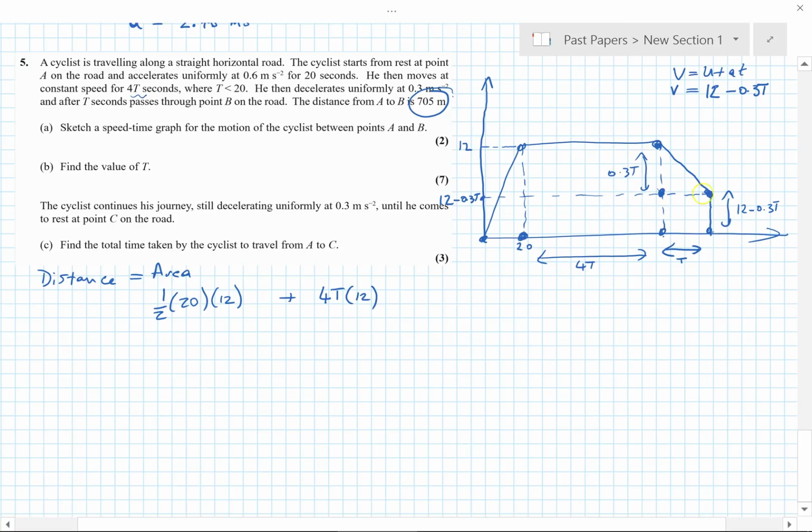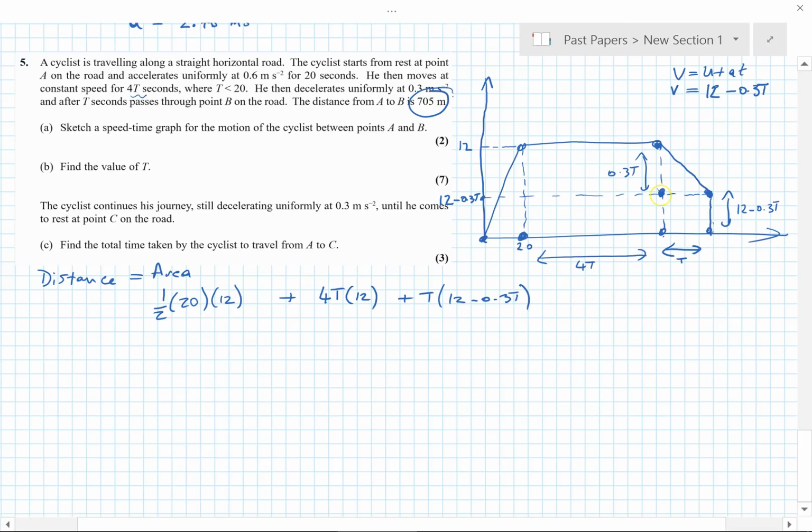So we've got this triangle and this rectangle, and a lot of people missed out one of these terms, or they didn't recognise that this was a trapezium, which was obviously the other way of tackling this. So let's look at this rectangle here. That's t times 12 minus 0.3t.